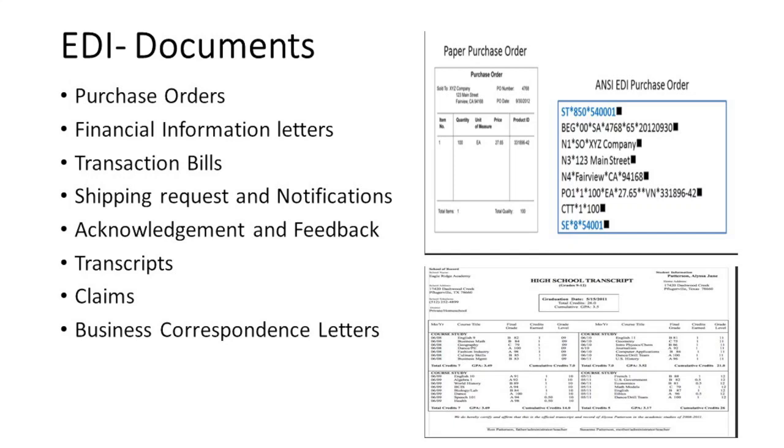To convert a document into this form, the purchase order form, look here. 850 is there, and somewhere else you will find the 54001 document number. And XYZ company. See the address here: XYZ company, Main Street, Fairview, CA 94168.